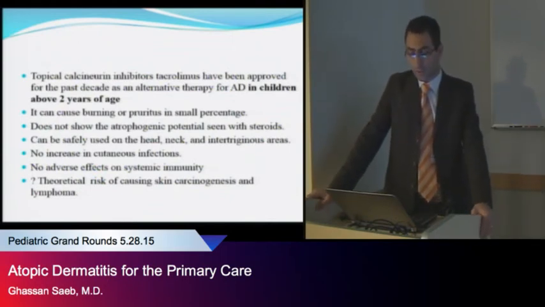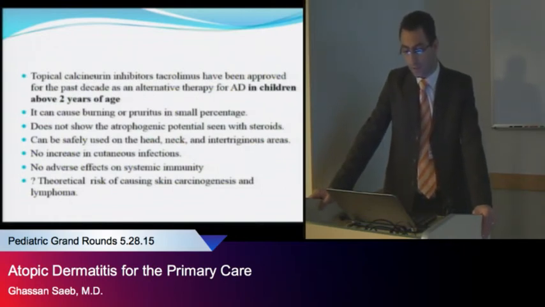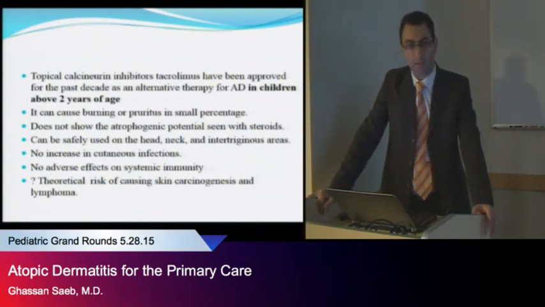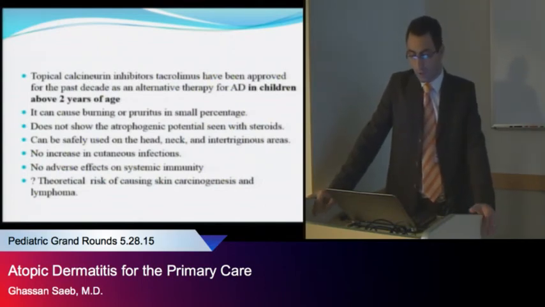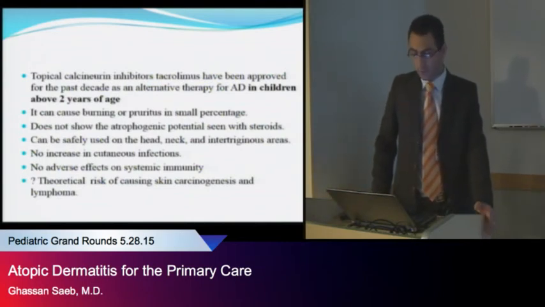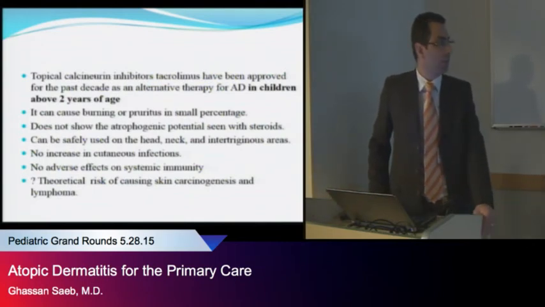It can cause burning or pruritus in a small percentage, does not show the atrophogenic potential seen with steroids, can be safely used on the head, neck, and intertriginous areas, no increase in cutaneous infection, no adverse effects on systemic immunity. There is a theoretical risk, I think it has a black box, of causing skin carcinogenesis and lymphoma. But there was no case reported, as far as I know.